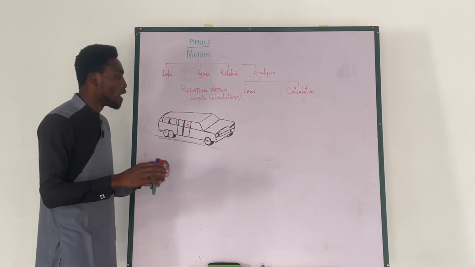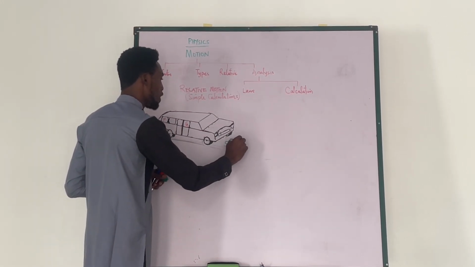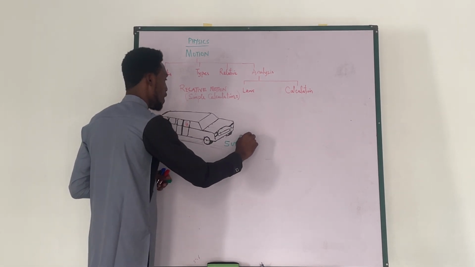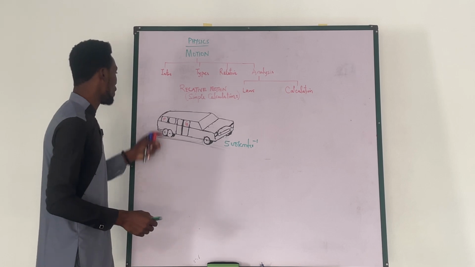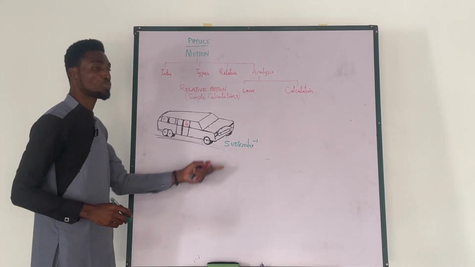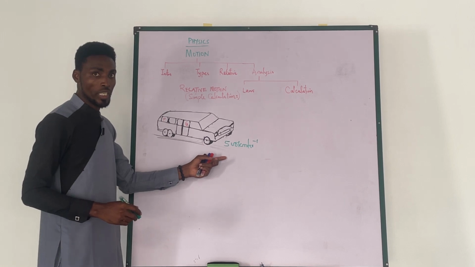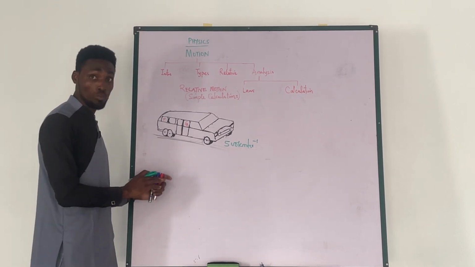Everybody is now stable. If this vehicle was moving at 500 kilometers per hour, for example, it means both passenger P and passenger G have the same speed as the vehicle, irrespective of the position they took in the vehicle, as far as they are seated on their seats and they're not moving.